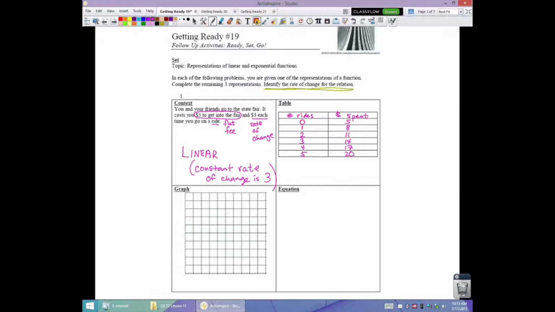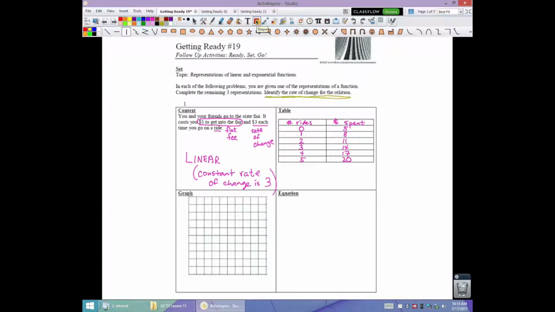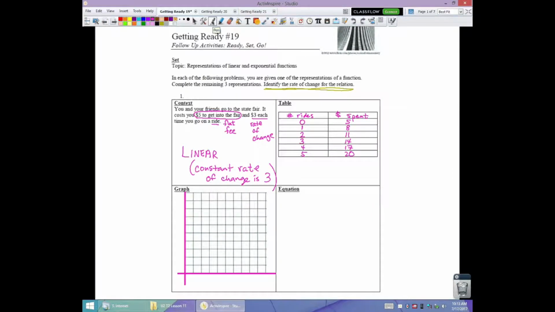For the graph, we need to make sure that our X and Y axes match the independent, dependent variables that we labeled in our table. So our x-axis, our independent variable, is rides, and I can number that by ones.